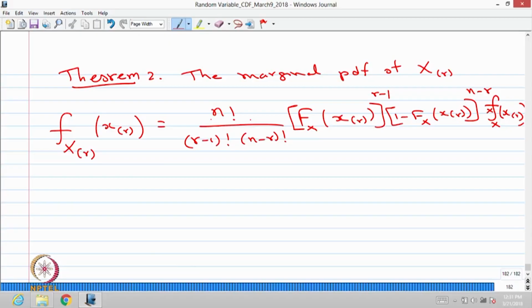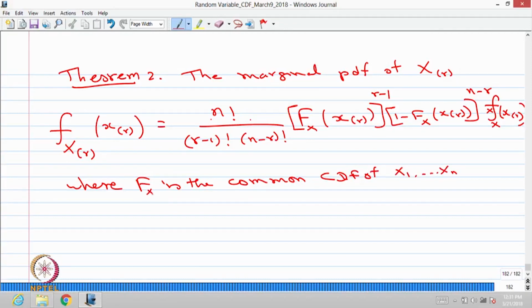So, instead of writing xi, I am writing x, where capital F is the common CDF, since they are identical, of the random variables x1, x2, xn.